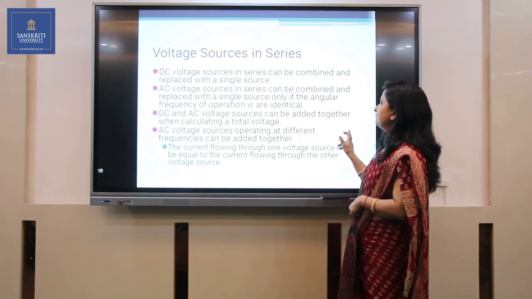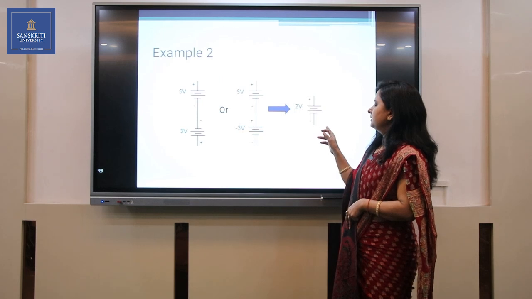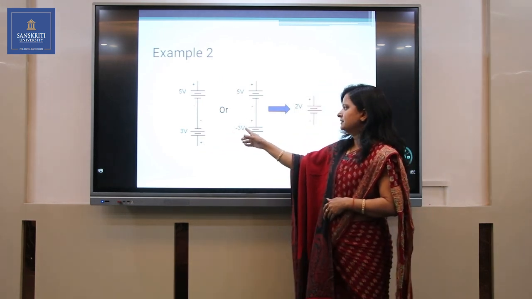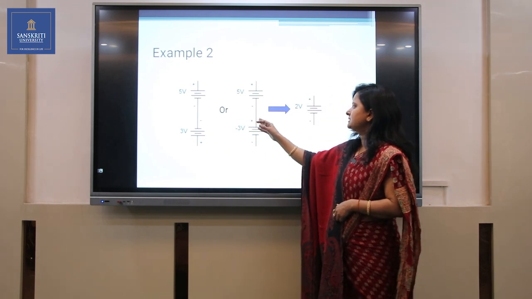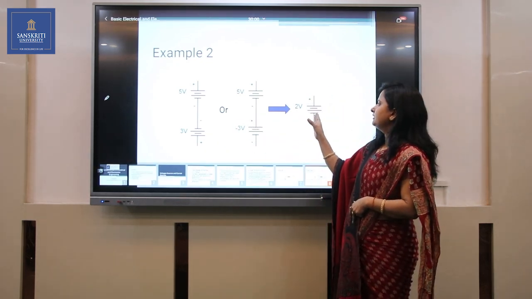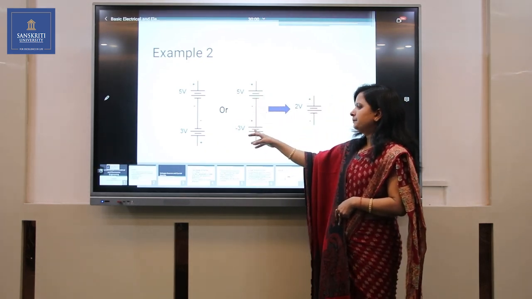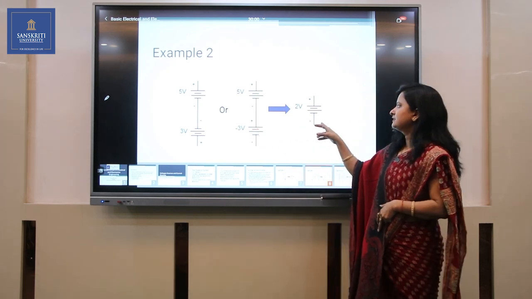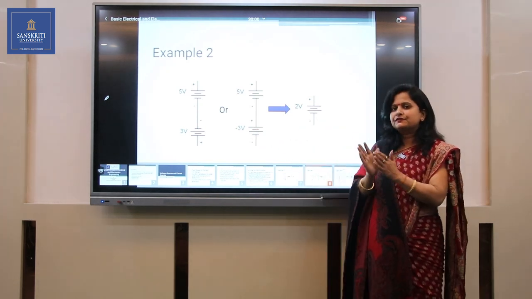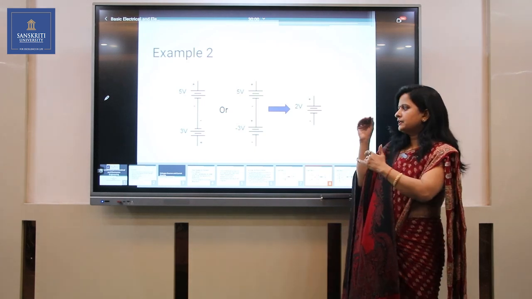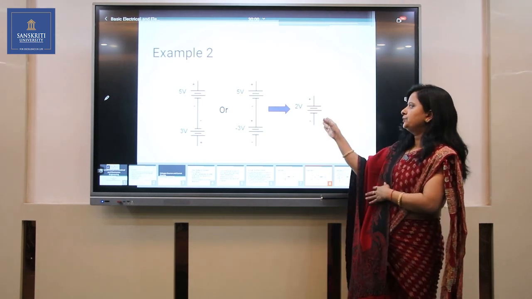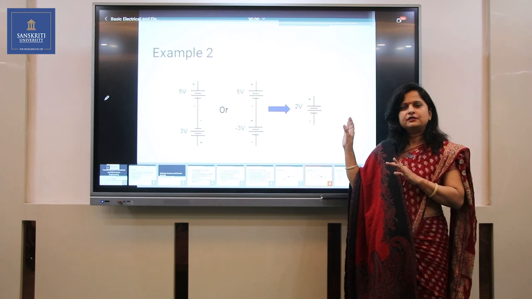This 3 volt battery will be represented as minus 3 volt with the reverse polarity. This was minus plus, now it is plus minus. So the resultant will be 5 volt plus minus 3 volt, so the resultant will be 2 volt. So we have seen that even if we are having the same magnitudes, with the reversal of the polarity, the magnitude of the resultant voltage is changed.